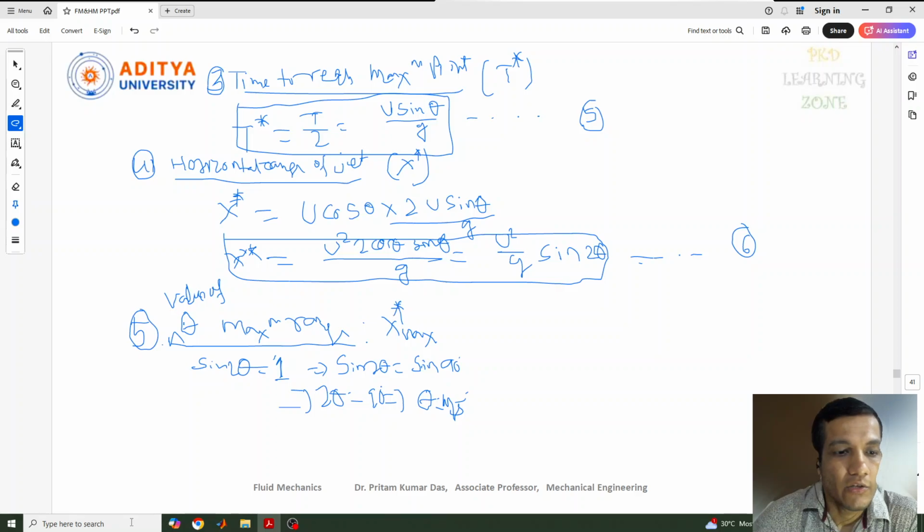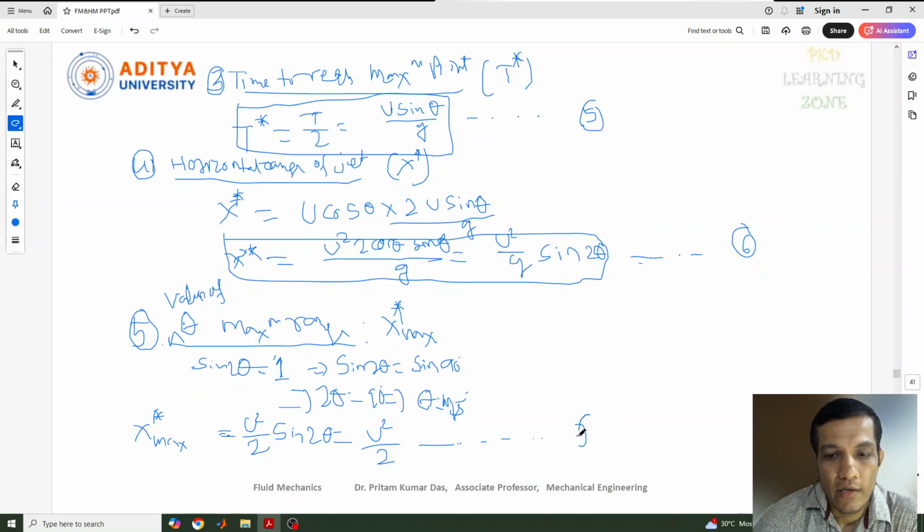So what will be the maximum range? We can write x star maximum equal to u square by g, sin 2 theta, and with theta equal to 45 degree, sin 2 theta is sin 90, which is 1. So you will get u square by g. This is equation 7. So this is the value of theta for the maximum range.